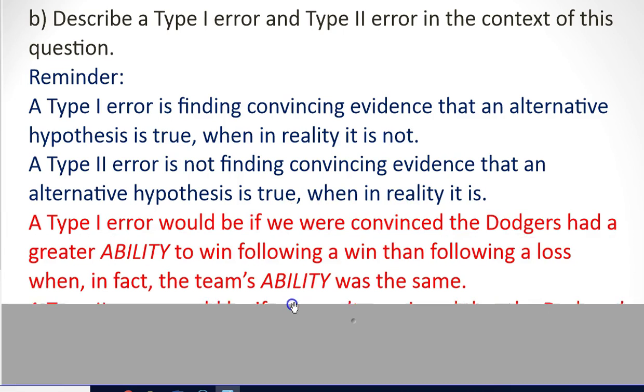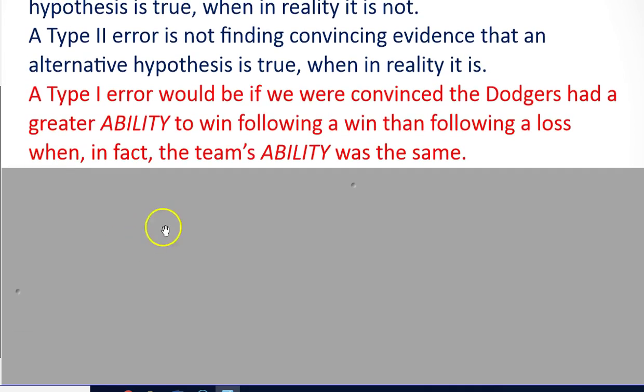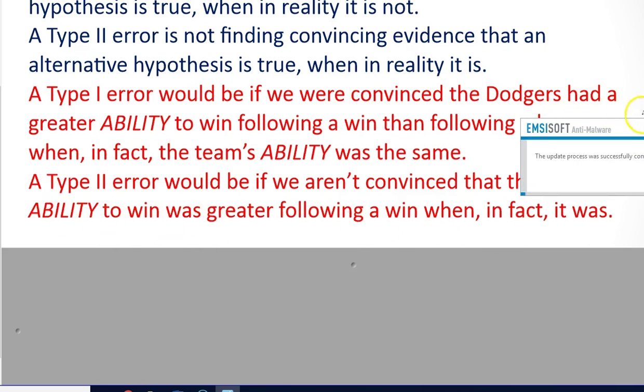Well, this would be a type 1 error if we were convinced that the Dodgers had a greater ability to win following a win than a loss, when in fact their ability was the same. A type 2 error was if we weren't convinced that the Dodgers' ability to win was greater following a win, when in fact it was. Okay? So that's how you put it in context.